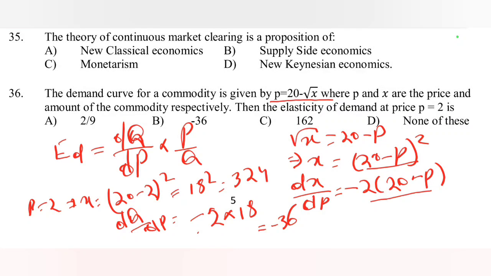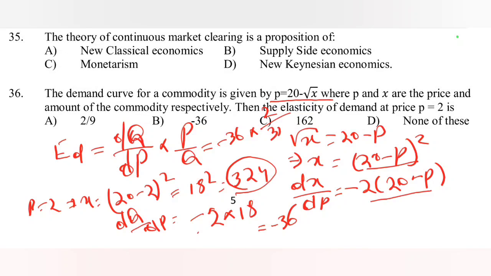Then we have to put the values in the equation. dq by dp is equal to minus 36 into p by q. The p value is equal to 2, the q value is equal to 324. Q means x.